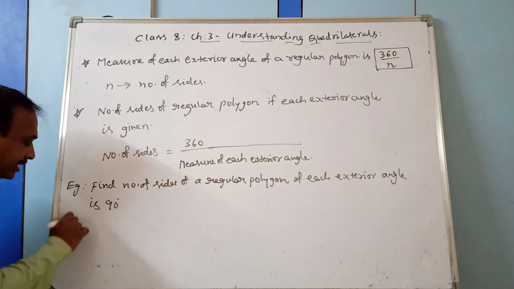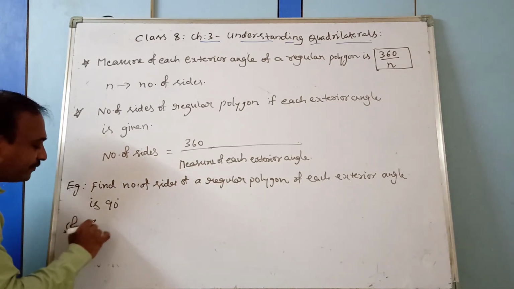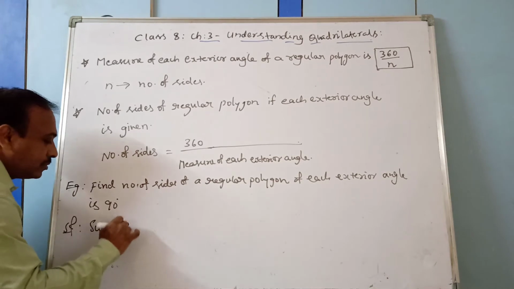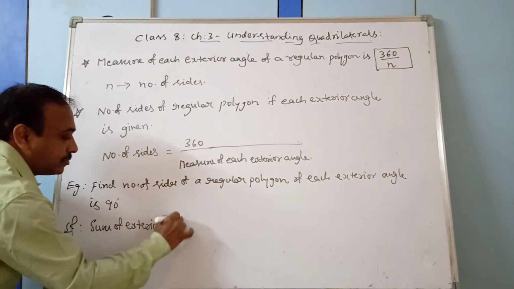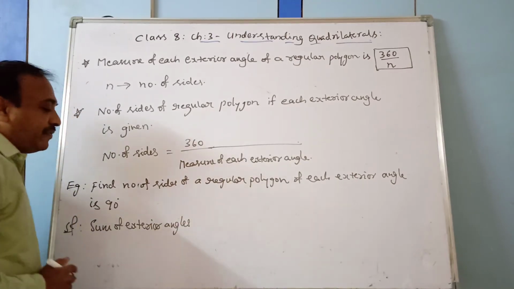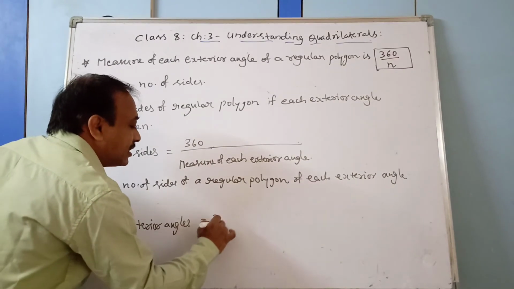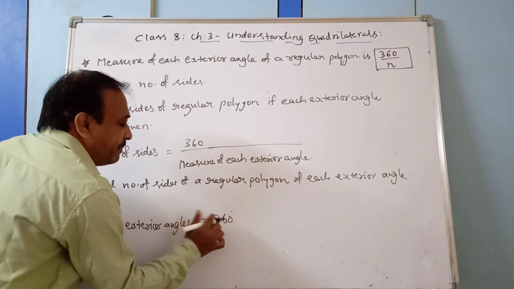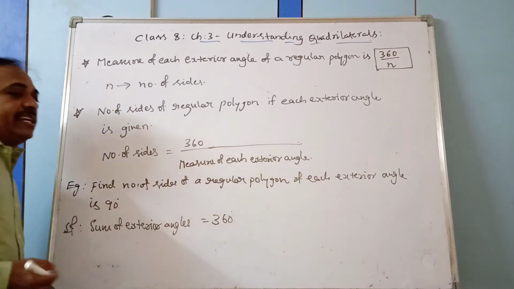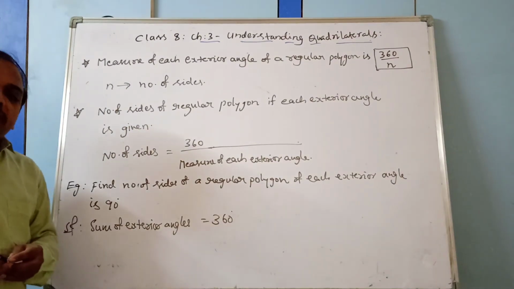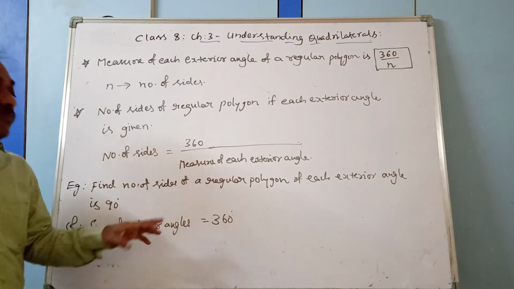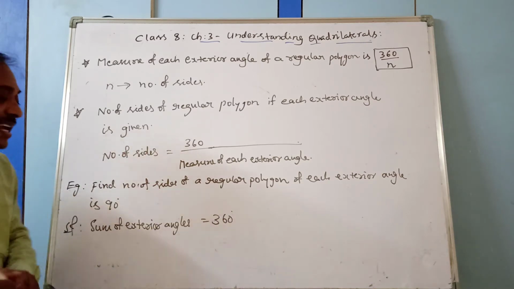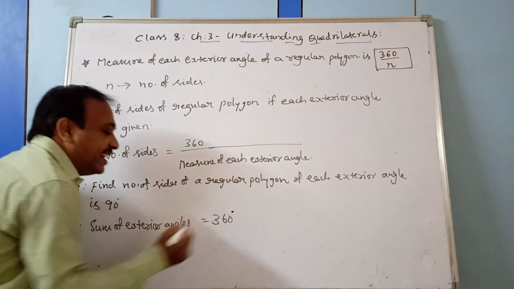So solution: sum of exterior angles is equal to 360 degrees. It may be any polygon, 3-sided, 4-sided, 5-sided or 6-sided, 7 sides, 10 sides, 11 sides, but the exterior angles sum will be equal to 360 degrees.